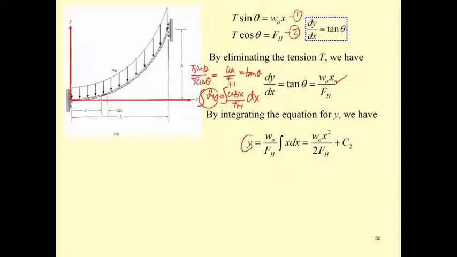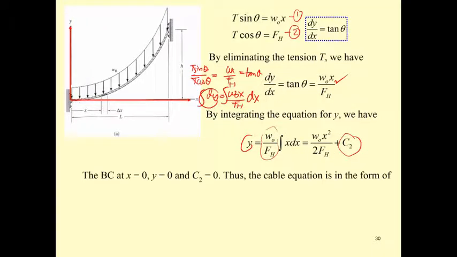Since the coefficient w0 divided by F sub H is a constant, you can take it out and integrate x dx. So it's going to be x squared plus the constant of integration.